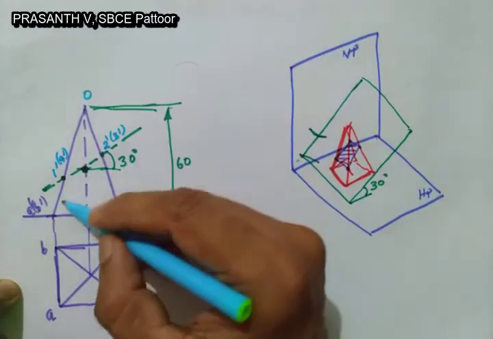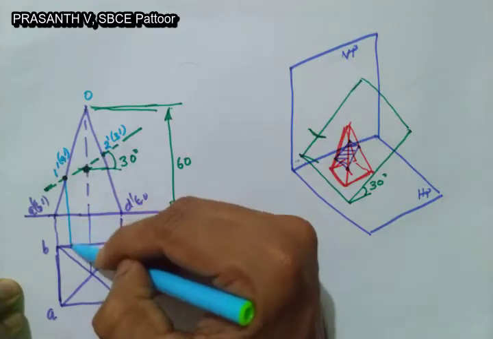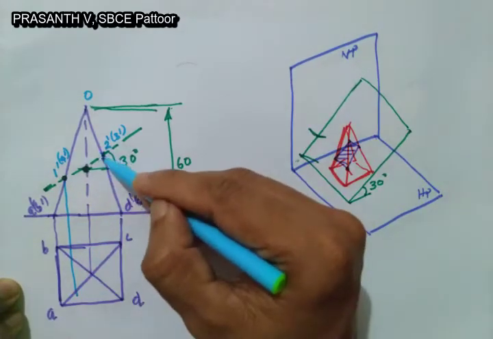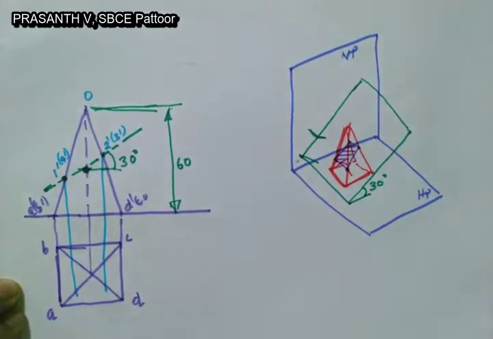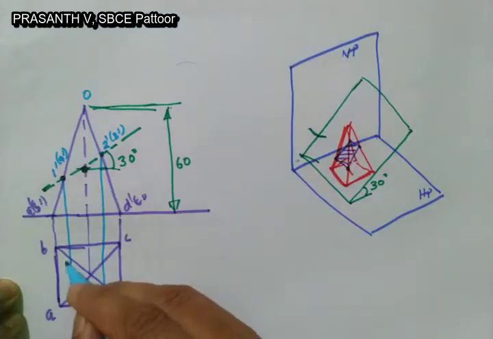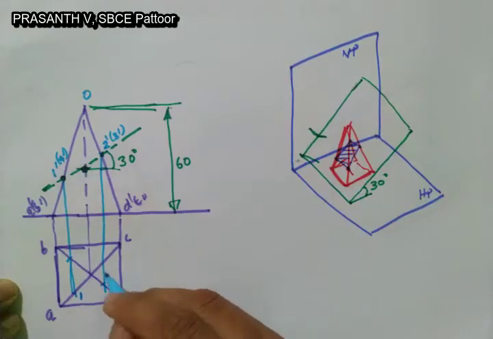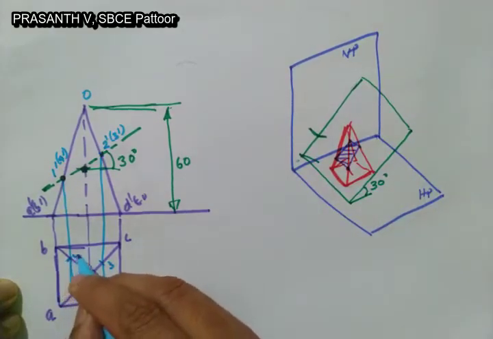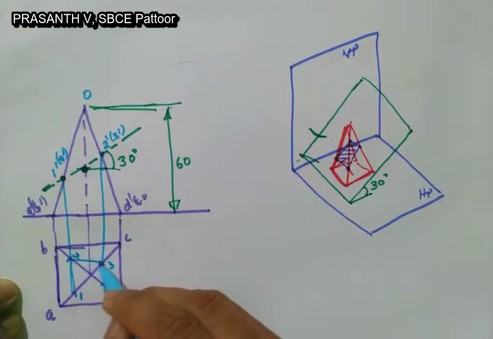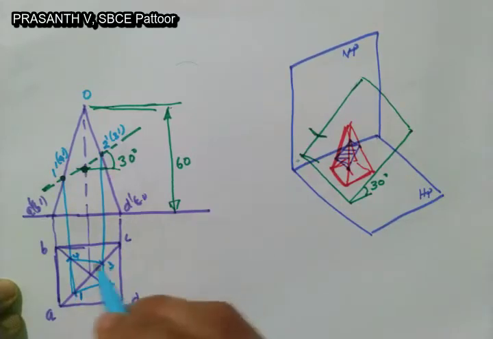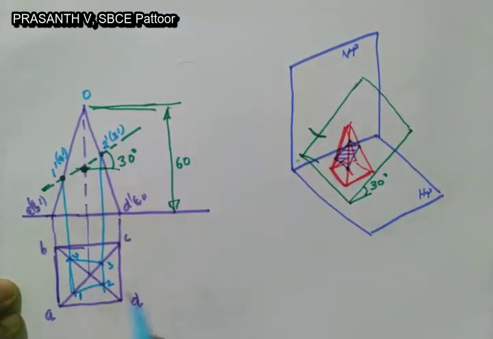Now you just project these points in the top view. So this is 1, 2, 3 and 4. After joining these points, you see something like a trapezium.